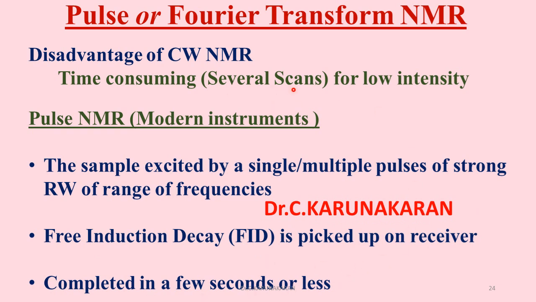Continuous wave NMR is time consuming, whereas in pulse NMR the measurement is completed in a few seconds because we use a radio wave pulse of a range of frequencies. We'll see the principles of it in the slide.